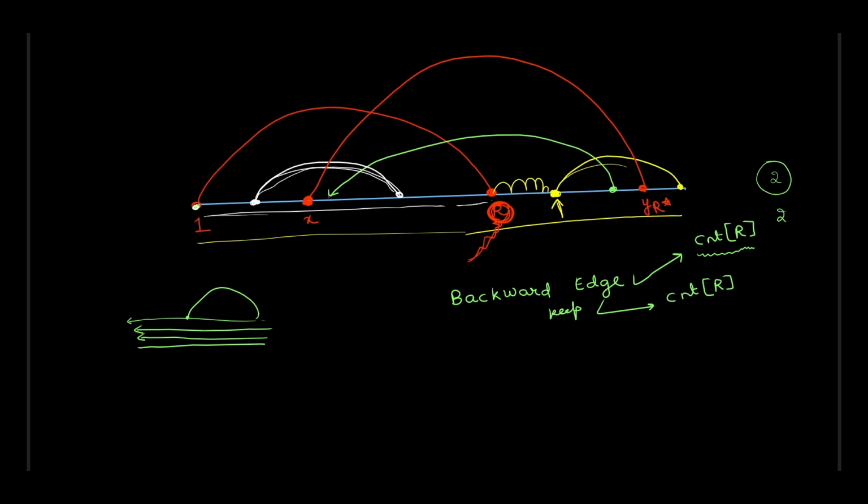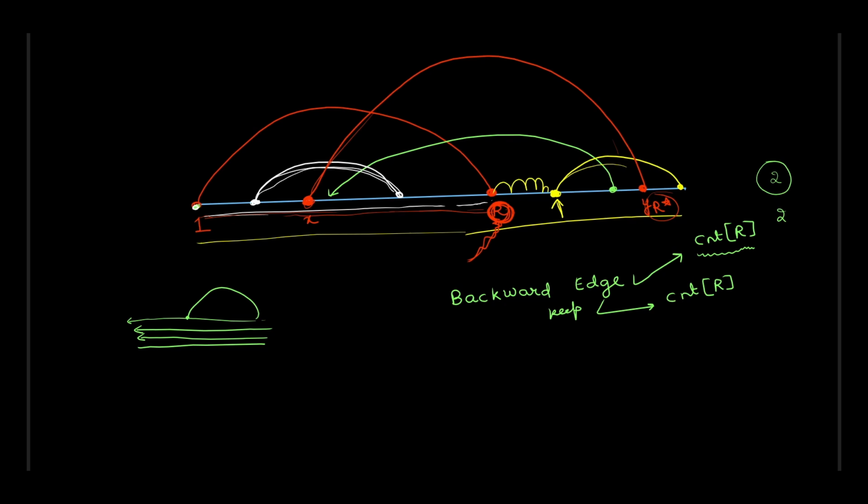So if the edge crosses the maximum vertex, then the number of graphs of this type will now also contribute to the number of graphs of this type. This is the only condition that we have to handle.